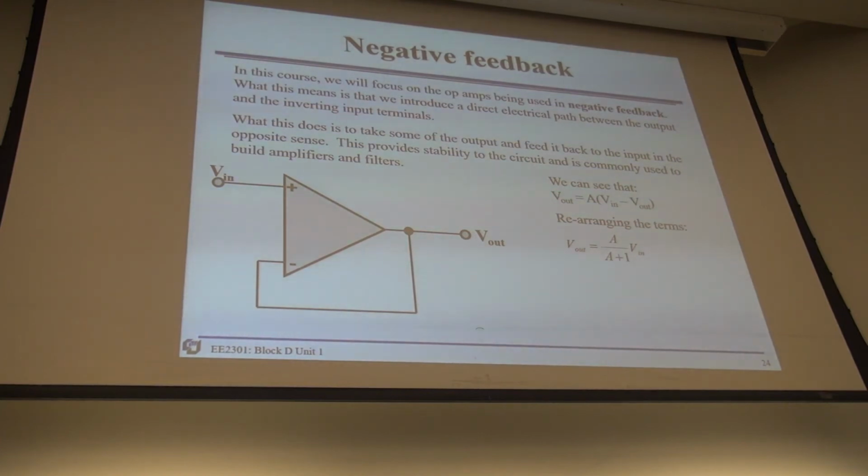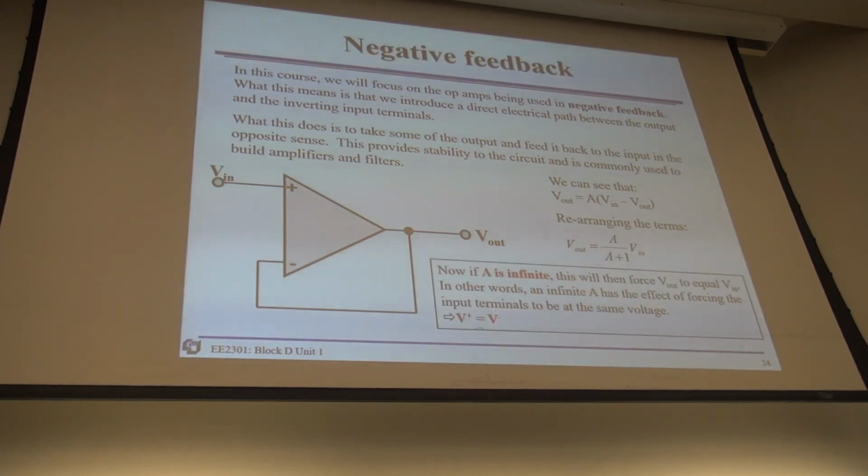Then we rearrange it. V out is V in times this factor. Remember when A is really, really big, this is almost 1. Say, for example, A is 10 to the power of 10. So when you make just this connection, we know that V out is V in. This one has a very nice name. It's called a voltage follower.